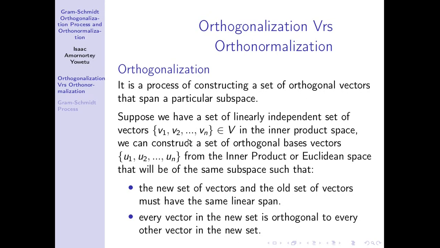We can construct a set of orthogonal basis vectors u1, u2, un from the inner product space, of the same subspace, such that the new set of vectors and the old set of vectors have the same linear span, and every vector in the new set is orthogonal to every other vector in the new set.